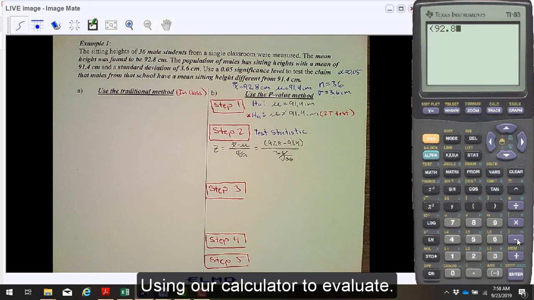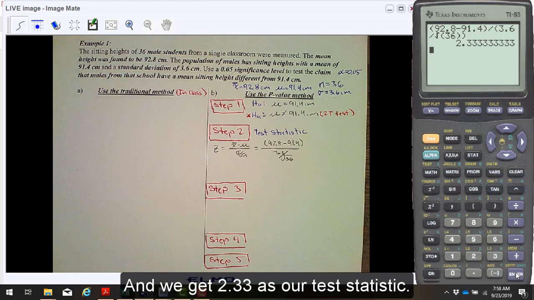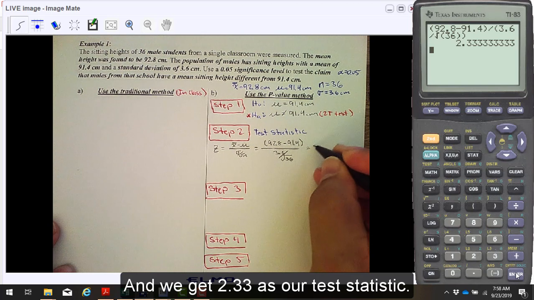Using our calculator to evaluate, and we get 2.33 as our test statistic.